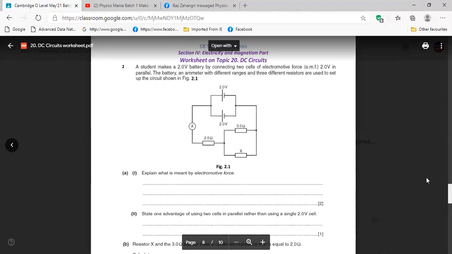Explain what is meant by electromotive force. Electromotive force is the work done per unit charge to convert other forms of energy to electrical energy. Very good. Write it. Have you written? Yes, sir. Very good. Then next, A2.